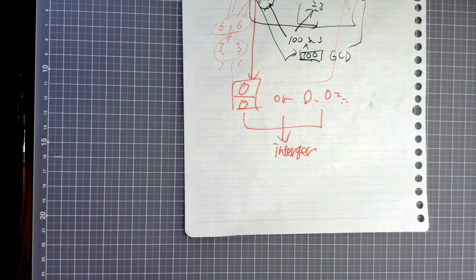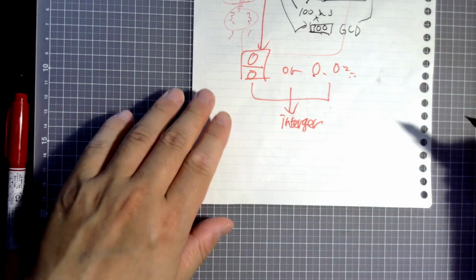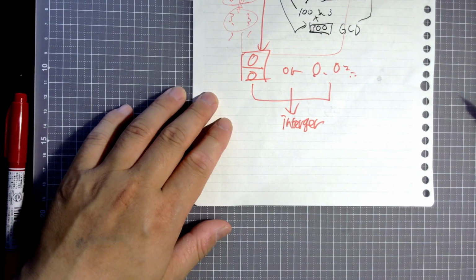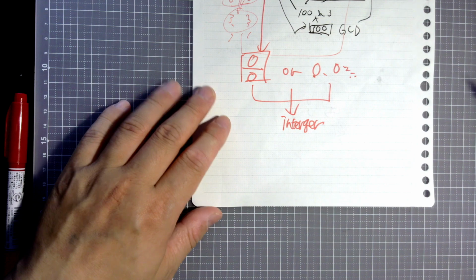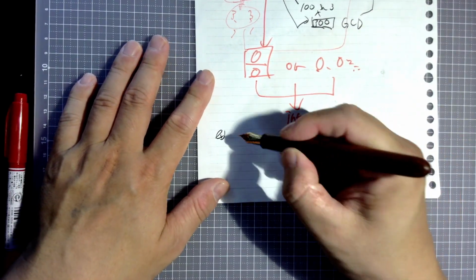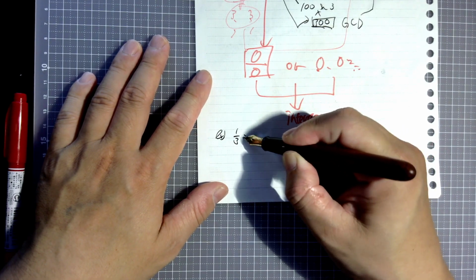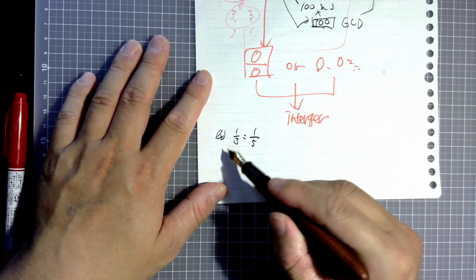So let me give you an example of the cases of a fraction and decimal point. Example number 1. There is a ratio like this: 1/3 to 1/5.